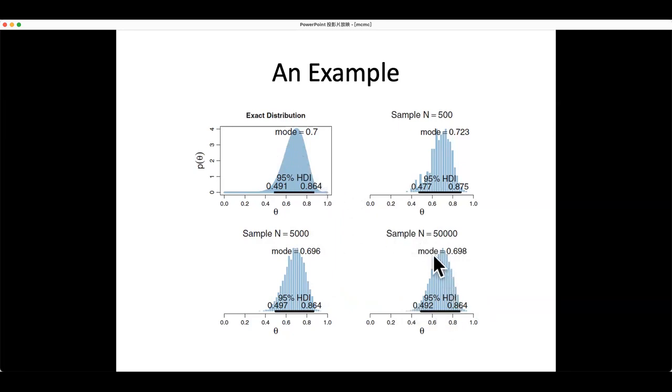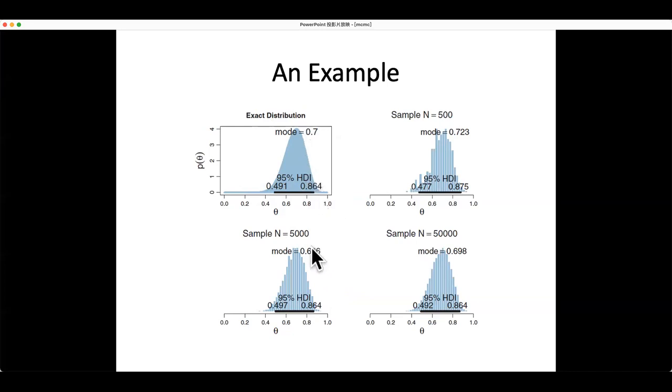Actually, even with 5,000 samples, the result is already very close to the real distribution. You see the difference between 0.7 and 0.696 is only 0.004, so it's less than 5%.